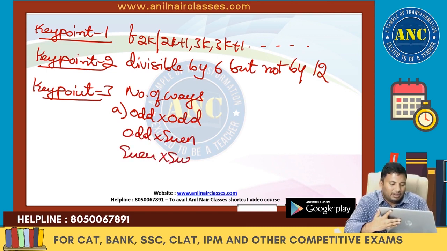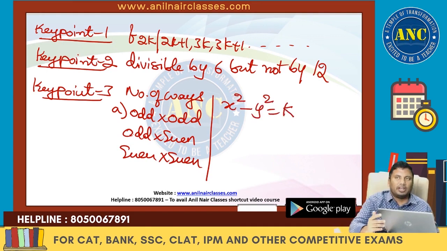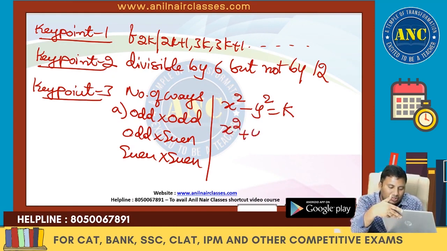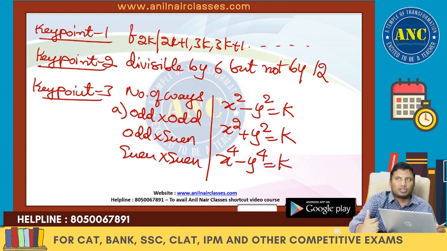How to find the integral solutions for x square minus y square equal to k, and for x square plus y square equal to k. Also x power 4 minus y power 4 equal to k. These also we discussed, the analogy.